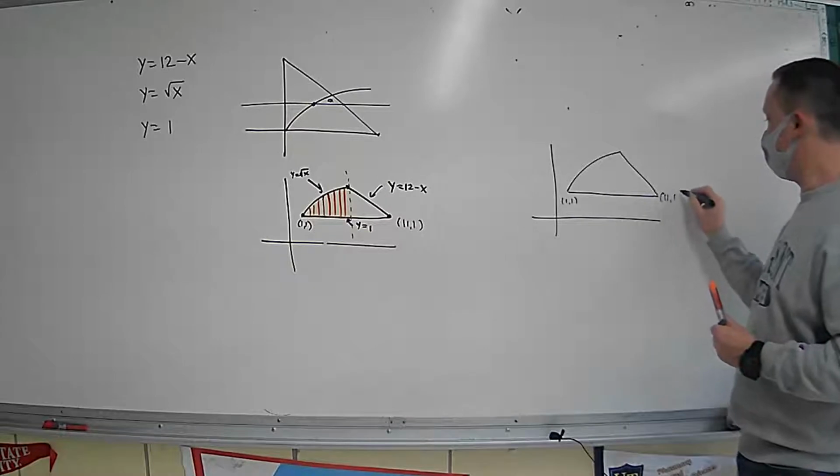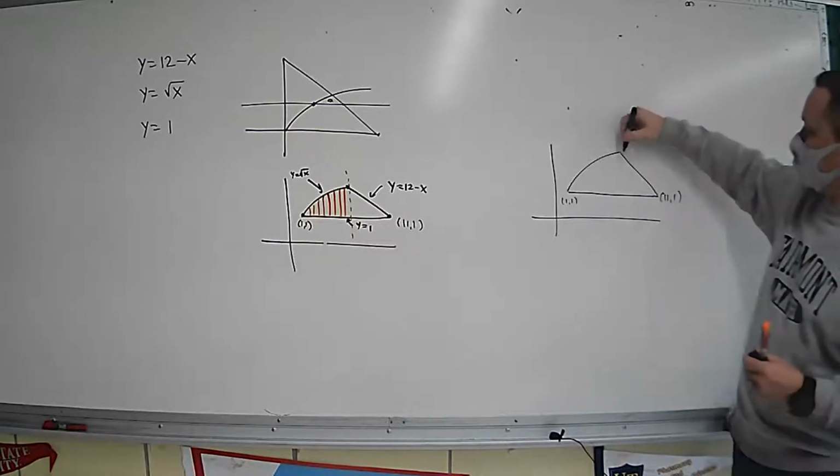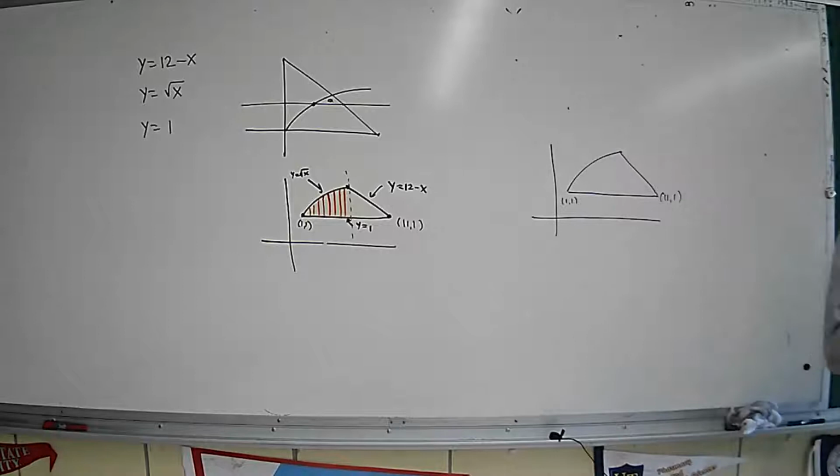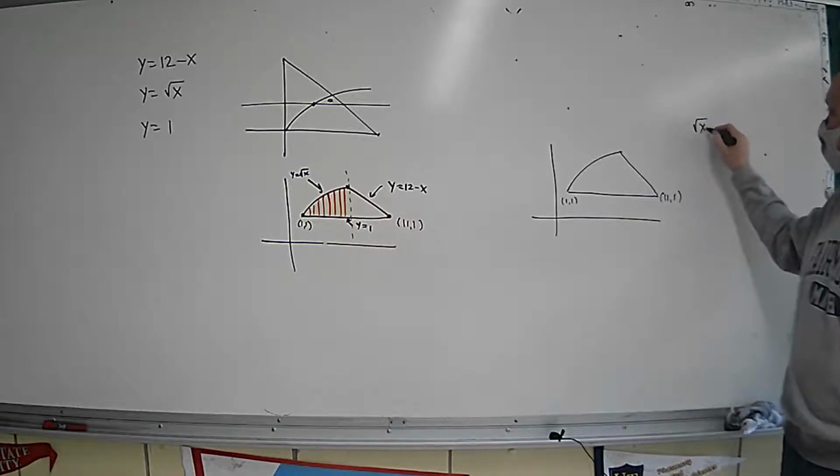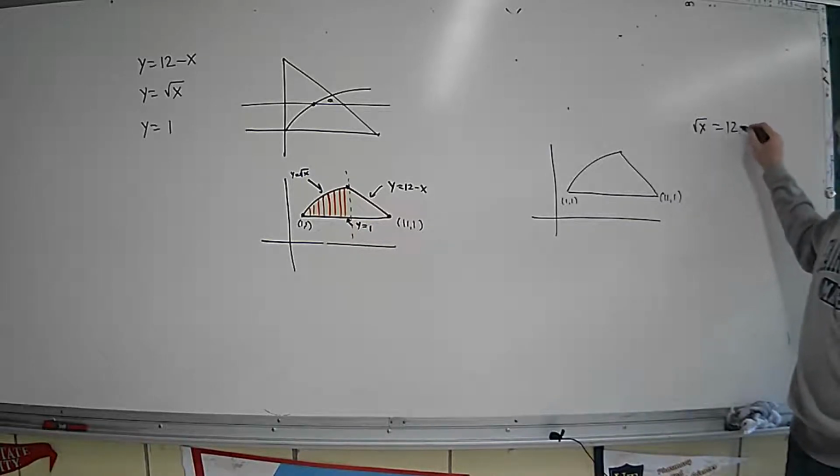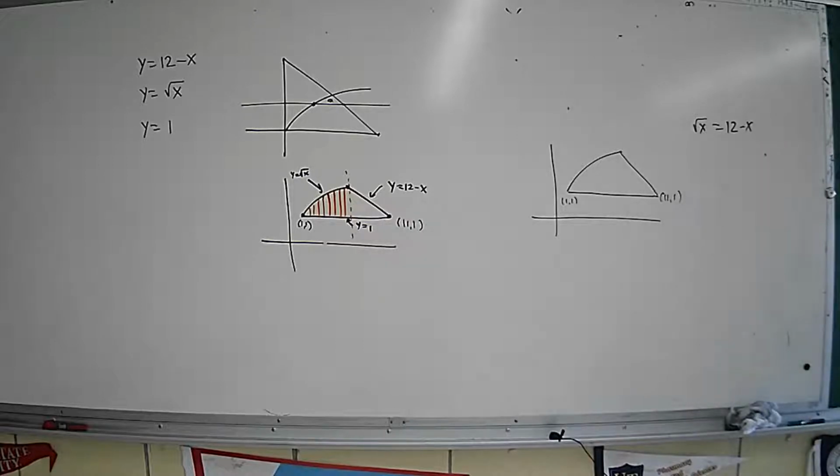This is 11, 1. Okay? And do we know that point up there yet? Have you determined that? How could you find that point algebraically? Isn't that just where y equals radical x equals 12 minus x? So you could solve that equation algebraically.